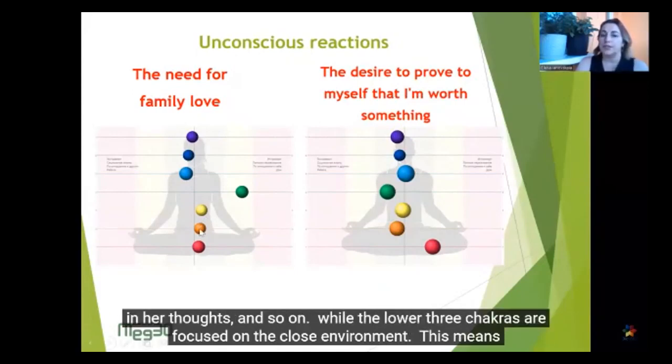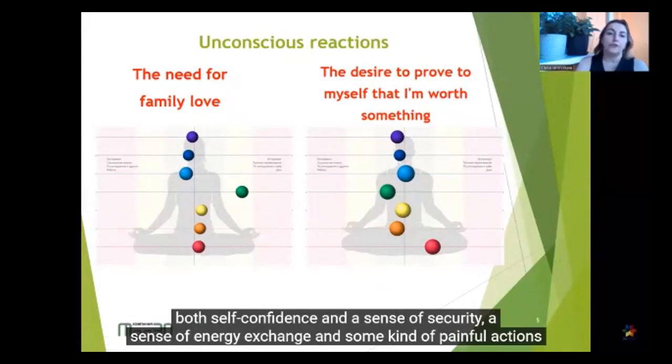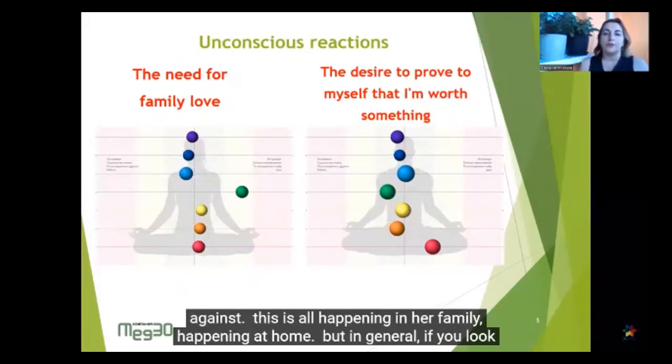While the lower three chakras are focused on the close environment. This means that both self-confidence, sense of security, sense of energy exchange, some kind of painful actions, happen in her family and at home.